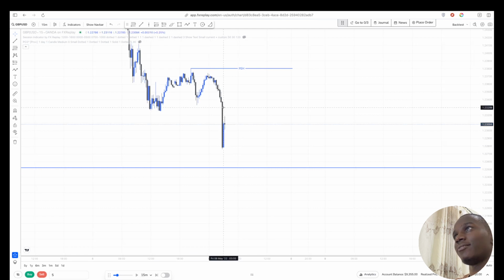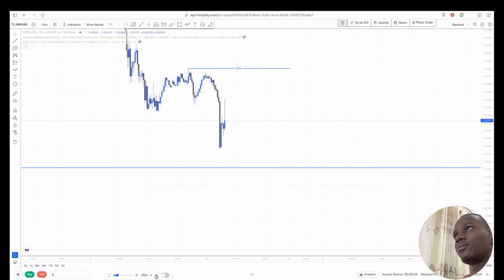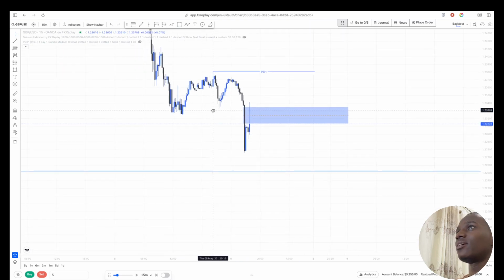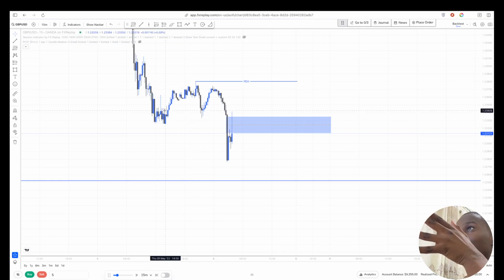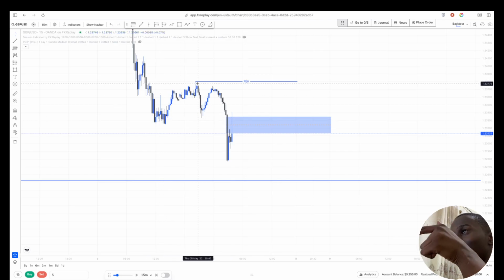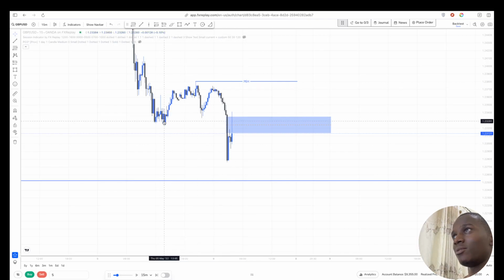So we have a fair value gap right here, and it's showing a kind of rejection. Okay, the fair value gap has now been filled. We had this one right here, and looking at this corrective move right here, you can see that we had this order block which started this corrective move, and by breaking it we had a breaker block right here.